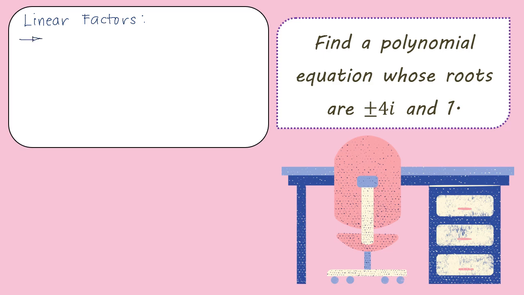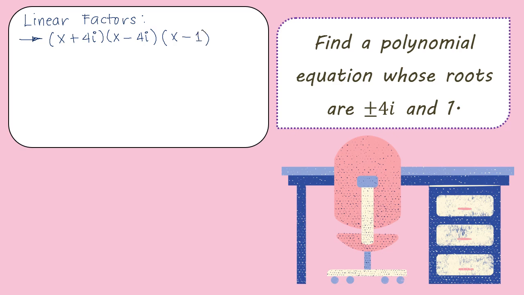So the linear factors, so for this, positive and negative 4i, it is just x plus 4i and then x minus 4i. As simple as that. And then for positive 1, of course, we have x minus 1.